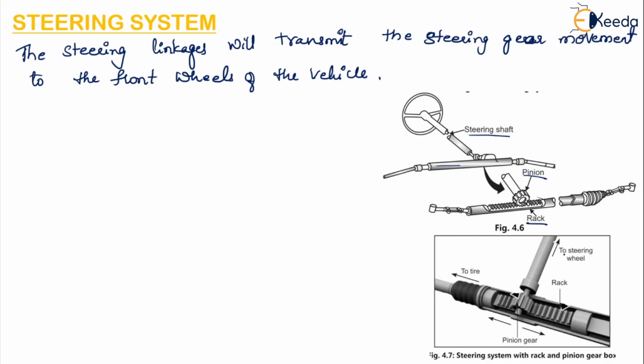When the steering wheel is rotated, that rotation is directly given to the pinion, which moves the rack. So this is the rack and pinion arrangement. From this, the motion of the rack is sent to the tire. You can see the direction for the wheels of the vehicle, and this is the direction for the steering wheel.